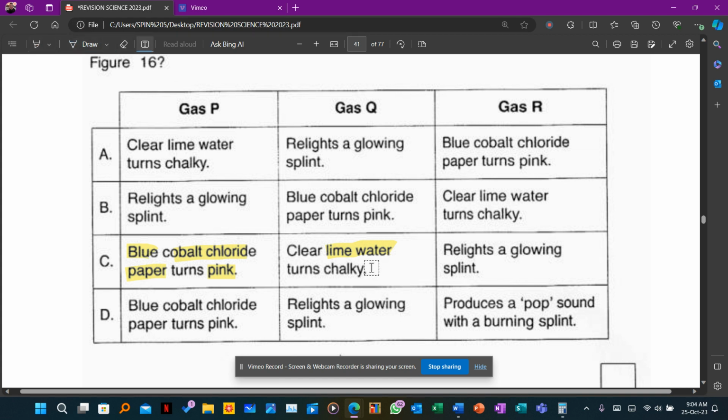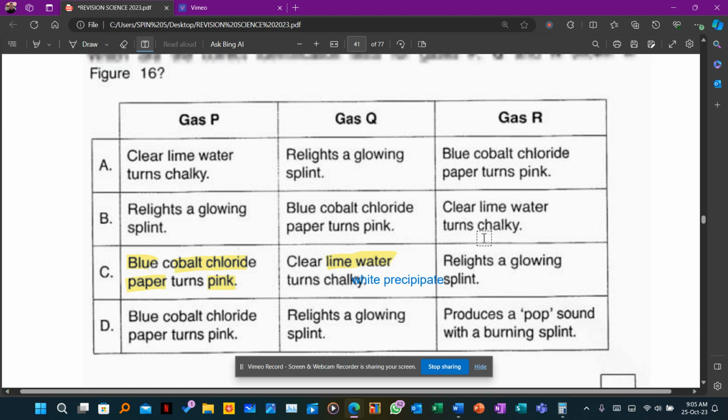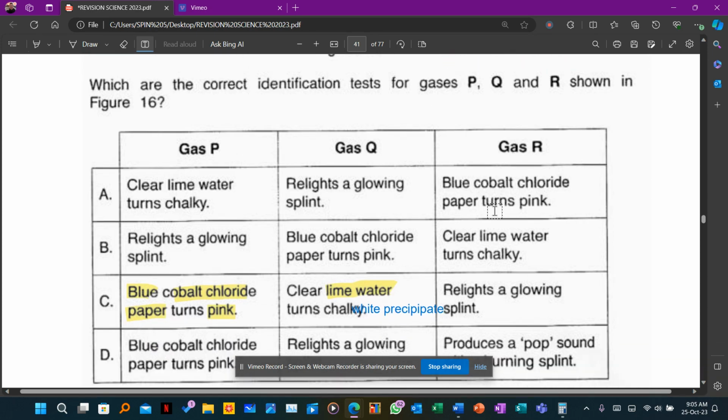Here it mentioned chalky, like a white powder, but it's better to always use the term white precipitate. Precipitate means a white substance in a way. And then gas R is oxygen, therefore gas R will relight a glowing splint.